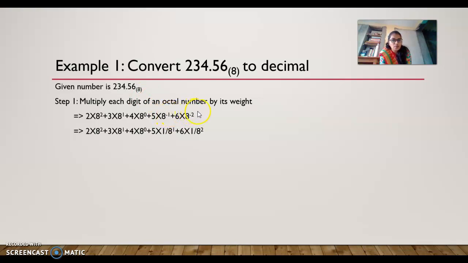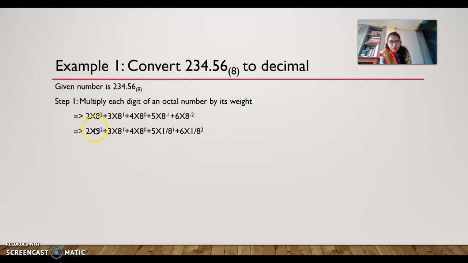You have to make use of negative integers for the powers only for the fractional part. As usual, the integral part will have positive integers: 0, 1, 2. And for the fractional part, minus 1 and minus 2, these are the negative integers.